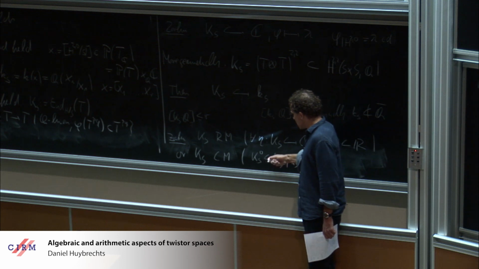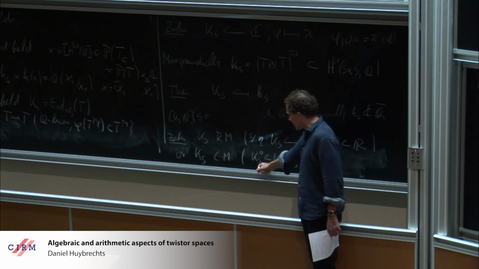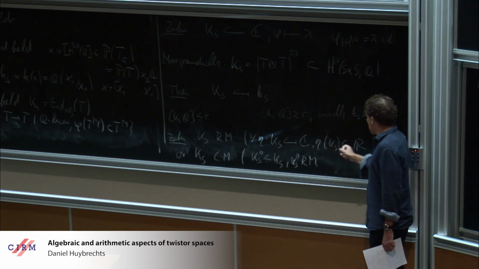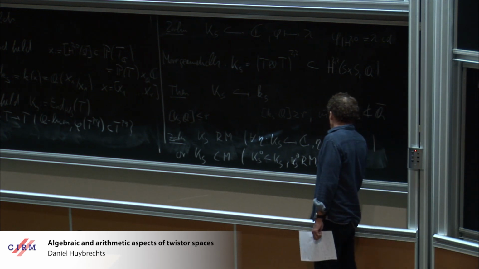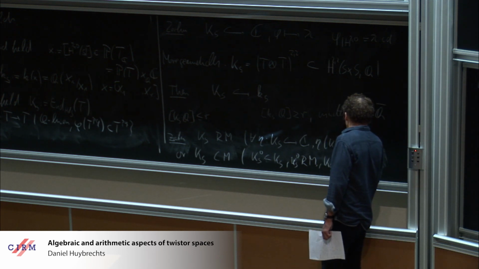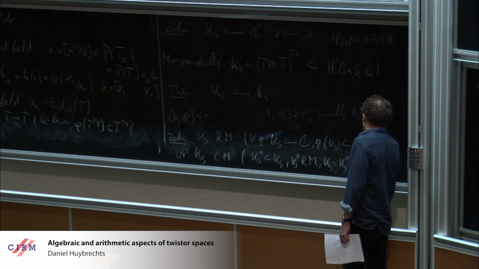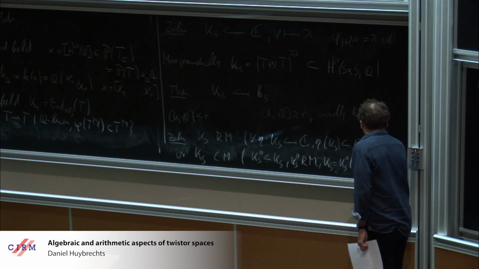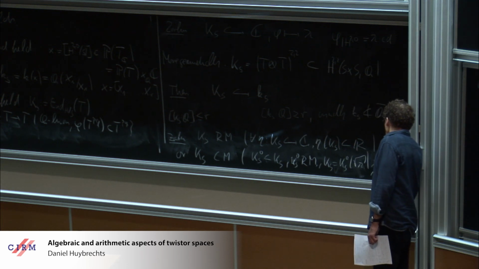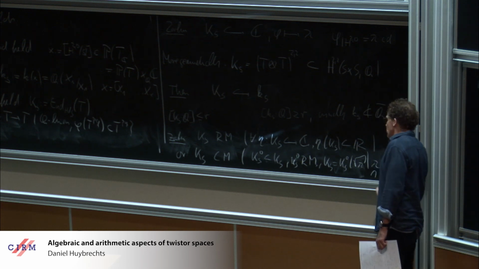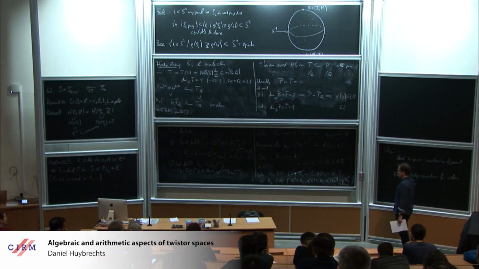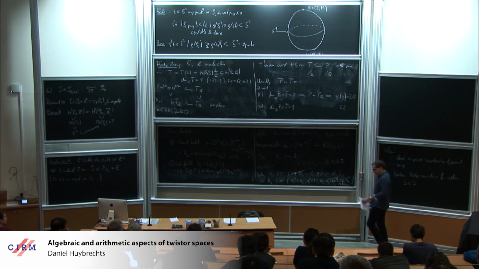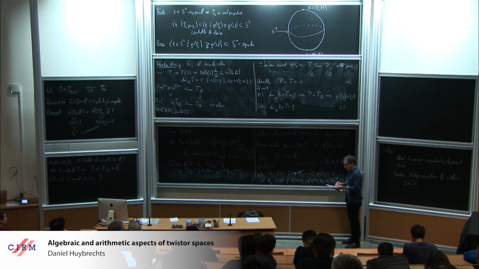That means it's given by the square root of an element, which under any embedding is a negative number. So K_S is K_S0 times the square root of some lambda, and this one is a totally real negative number. Okay, so there are these two cases.